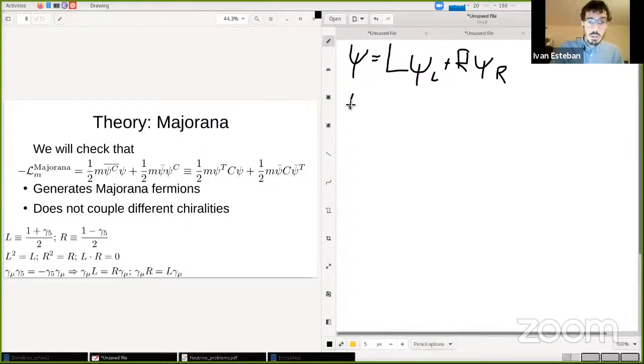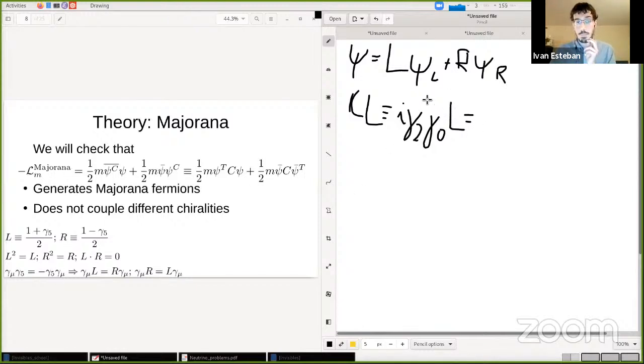So if we take the charge conjugation matrix and multiply it with the left-handed projector, this is, by the definition of the charge conjugation matrix, a factor of i gamma 2 gamma 0 times the left-handed projector. Since the gamma 5 matrix anti-commutes with all the gammas, when we pass this gamma 0, the plus will turn into a minus.